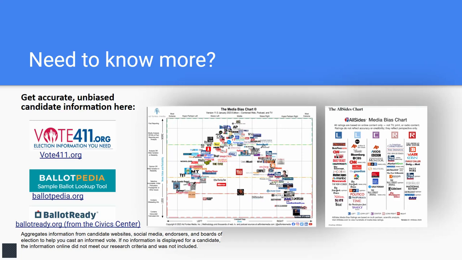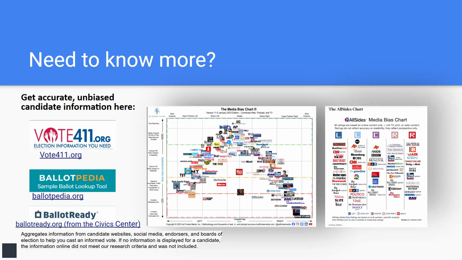It looks at what the Board of Elections has on their site about the candidates, and then it puts that all together on the Ballot Ready site. If there's no information about a candidate, it means that the information that was available online didn't meet their research criteria, and so it wasn't included.